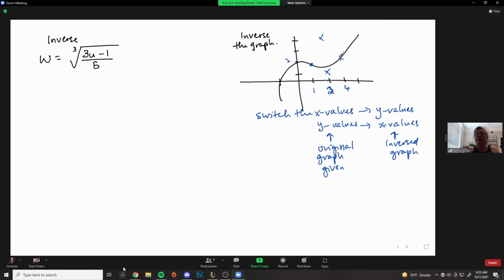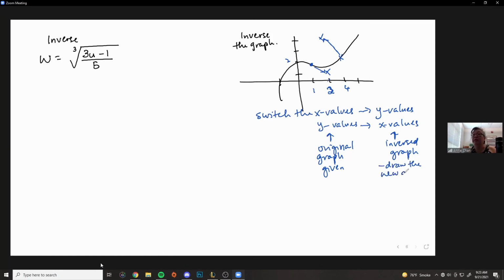This point here is going to come here. You see that? And then all you have to do is draw the new graph according to these new points, and that will be your inverse graph. You don't have to do calculation or anything. Just pick the points, okay?